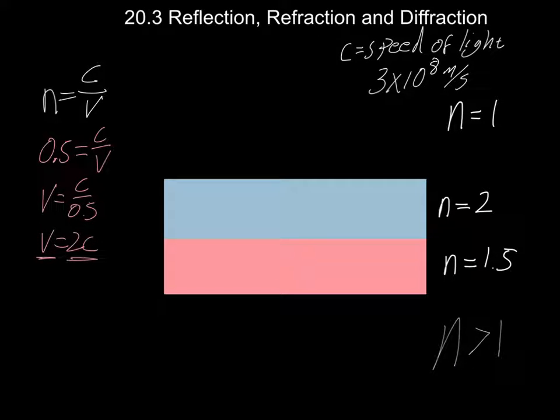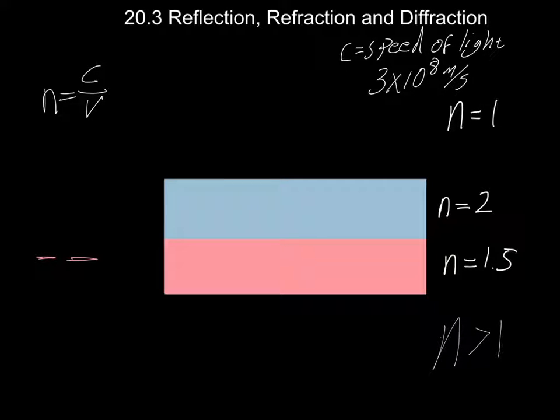So this is why our n has to be greater than 1. Let's do some calculations to figure out what exactly the speed of light is through each of these three substances. When we have an n of 1, that's pretty easy.